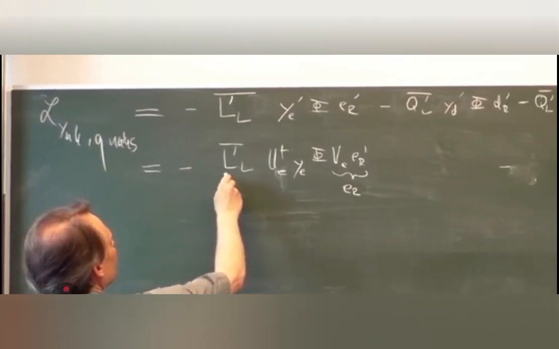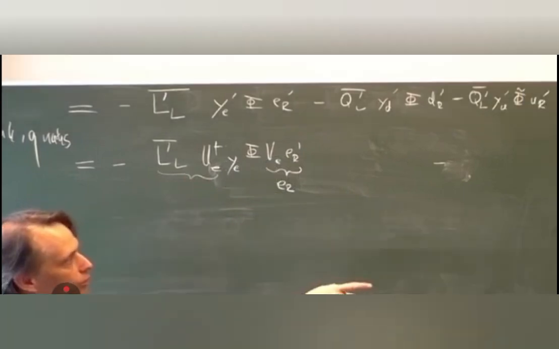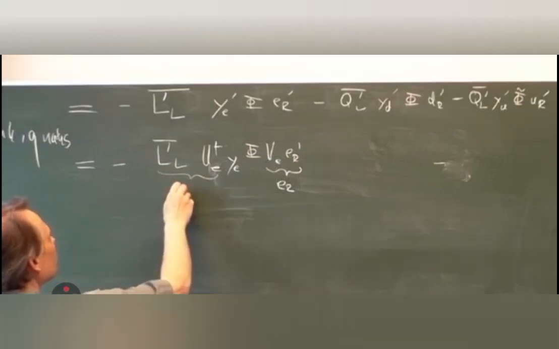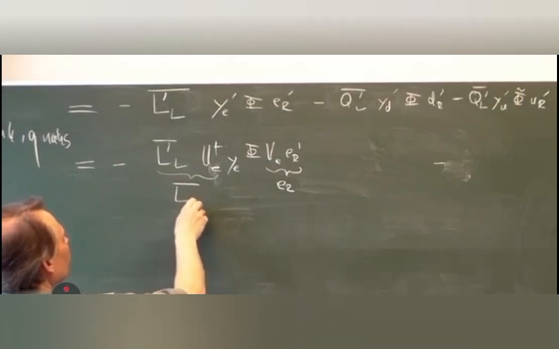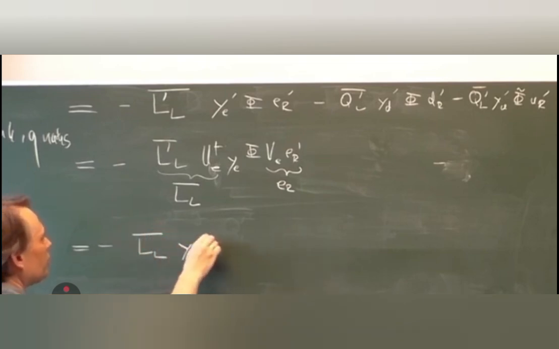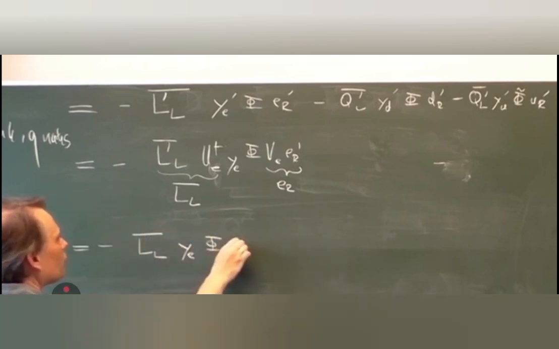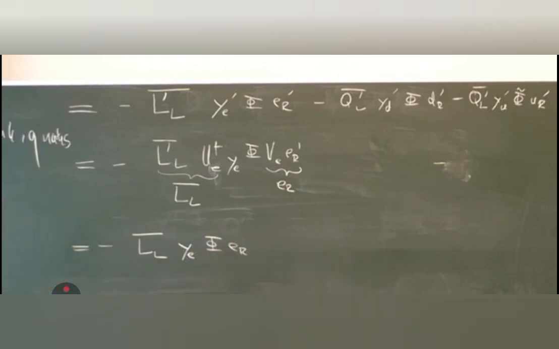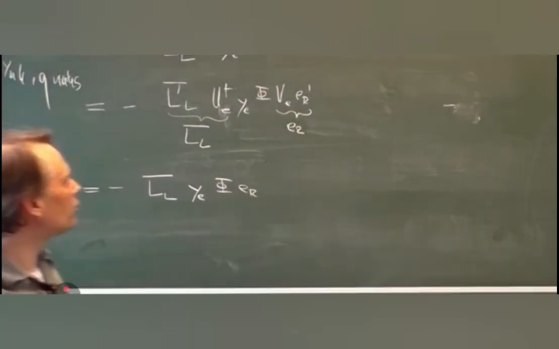And here, according to the definition, this is nothing but l_L without prime bar. So in the next line I could write minus l_L bar Y_E diagonal phi e_R without primes and with a diagonal non-negative Yukawa matrix. Okay.